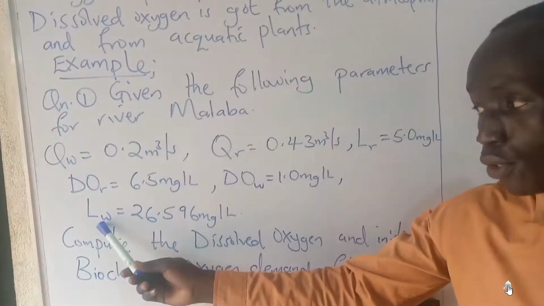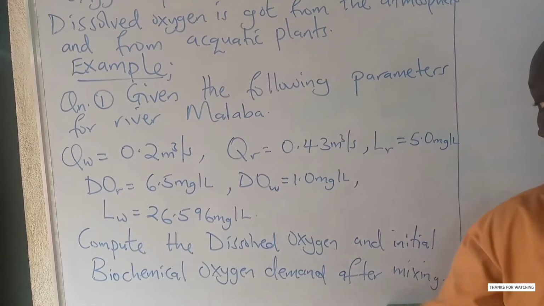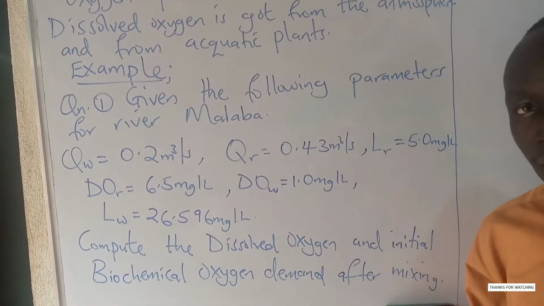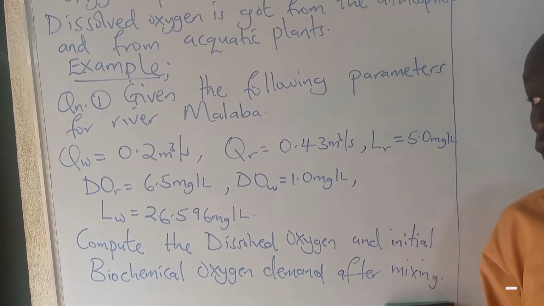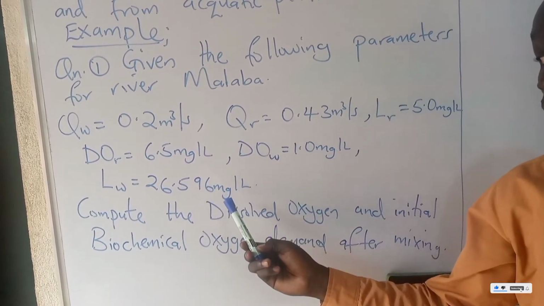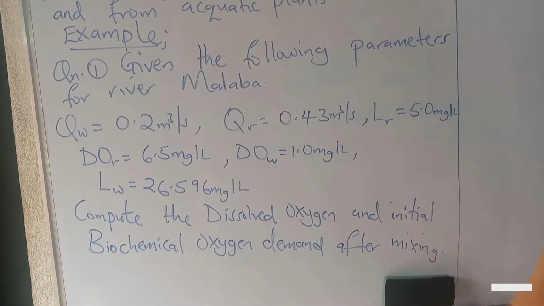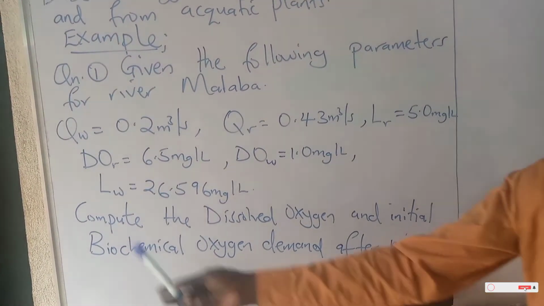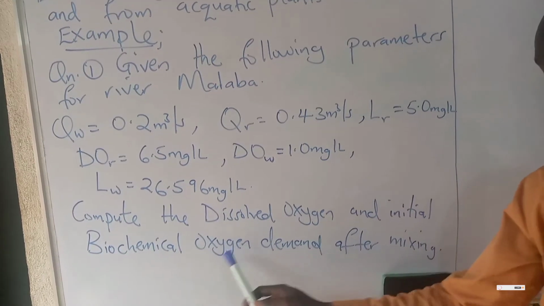Then LW, W stands for wastewater, is the biochemical oxygen demand, BOD, of the wastewater, which is 26.596 milligrams per liter.